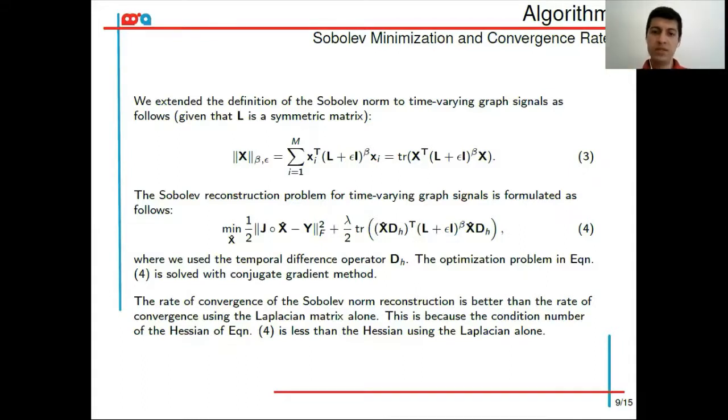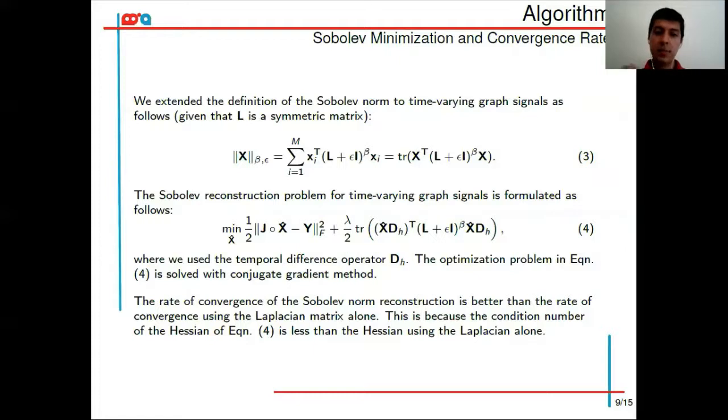And we have this second term, that is the Sobolev norm. Notice that here we are using the temporal difference operator. In this case, we are trying to incorporate spatial and temporal information. With this, we are assuming that the time-varying graph signal is smooth in time and in the spatial domain.